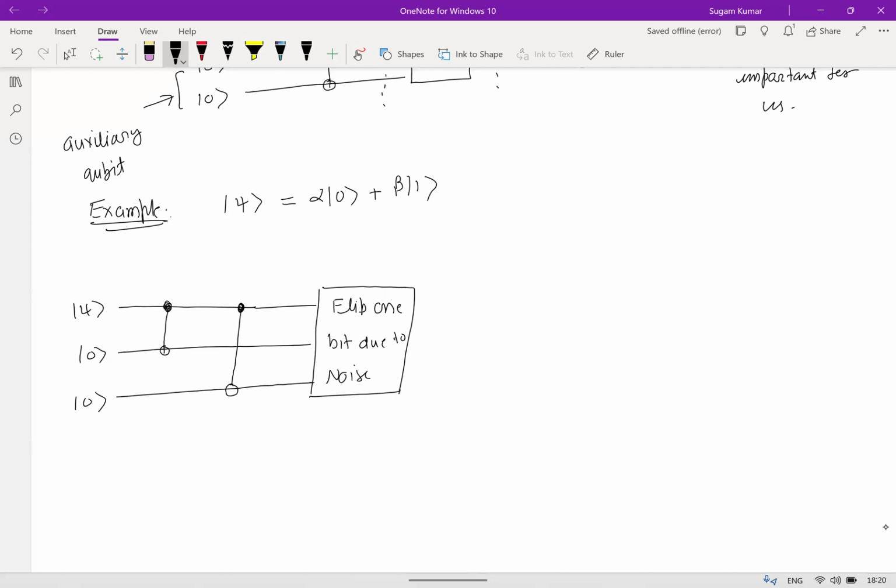So let us say because of noise, one qubit flipped. After that, it will change here. Then what do we do? Apply one more CNOT gate here, apply one more CNOT gate here, and then apply here the CCNOT gate.